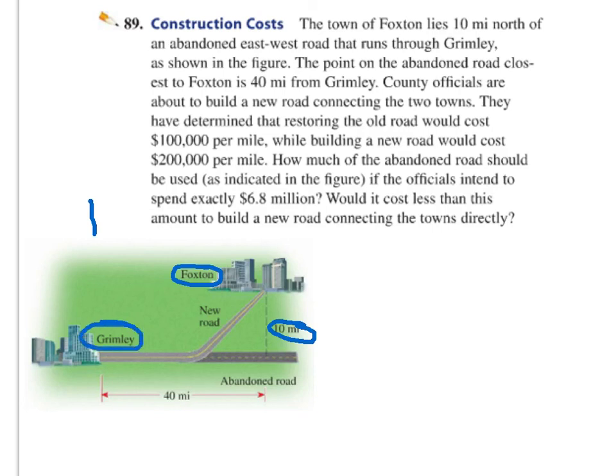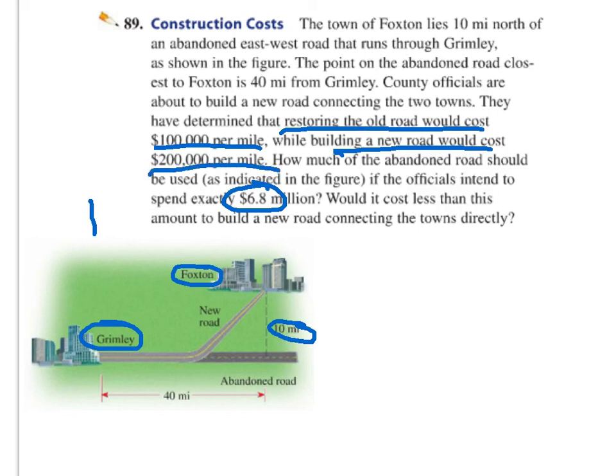What we want to do is build a new road, but we want to use part of the abandoned road. The question is, how can we keep the cost at exactly $6.8 million if restoring the old road costs $100,000 per mile and building the new road costs $200,000 per mile?